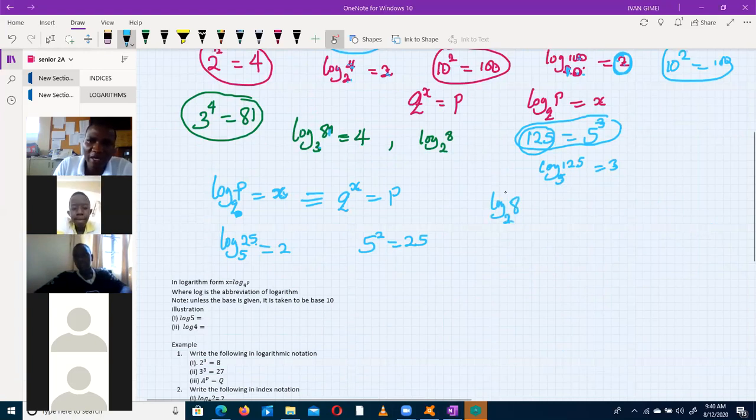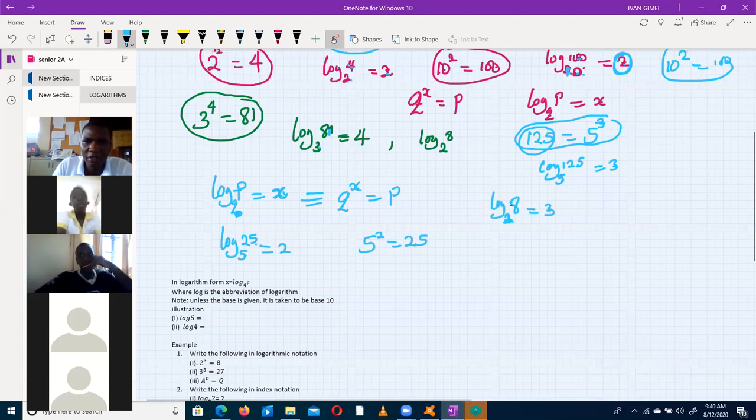What power should we raise this 2 to so that we get 8? That's what they're asking you to do. Now here, I'll simply say this is the same as 3. If I write 2 to the power of 3, it will be the same as 8. That concept clear, Martin? Is it okay? Yes, teacher.